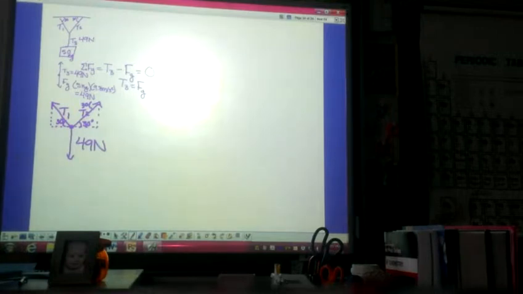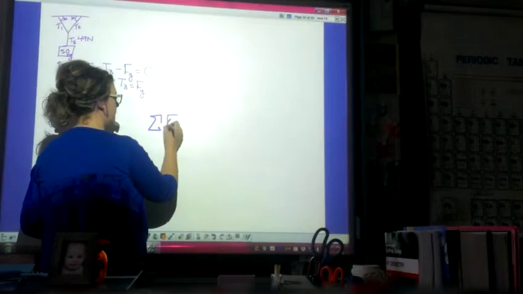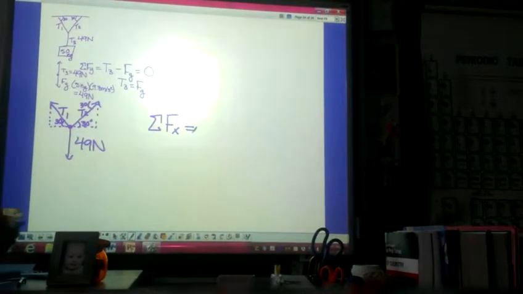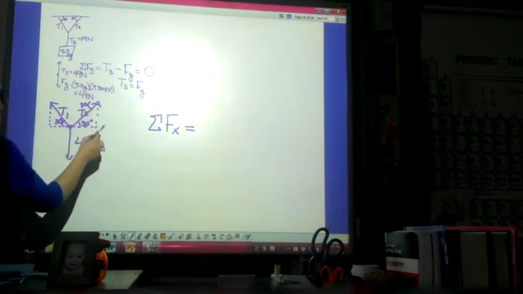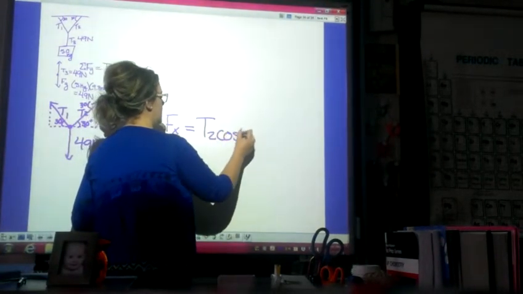Okay, so let's set up a sum of the forces in the x, and then let's also set up a sum of the forces in the y, and see if we can't solve for T1 and T2, okay? So sum of the forces, first of all, in the x. So I have T2 times cosine 30.